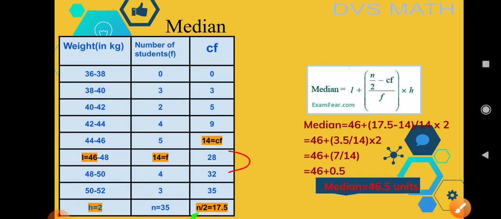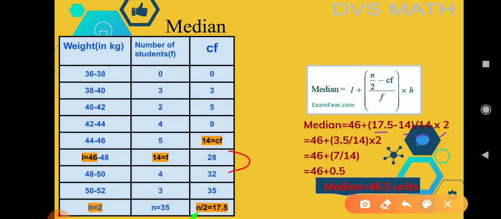Now substituting into the formula: median is equal to L plus (N by 2 minus CF) divided by F, into H. So median is equal to 46 plus (17.5 minus 14) divided by 14, into 2.